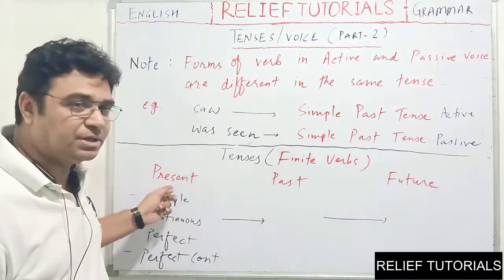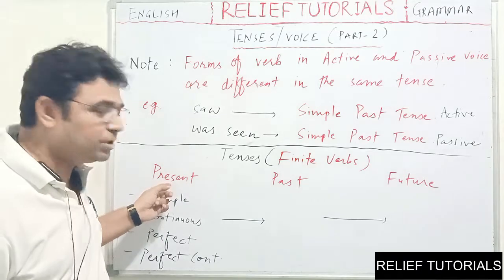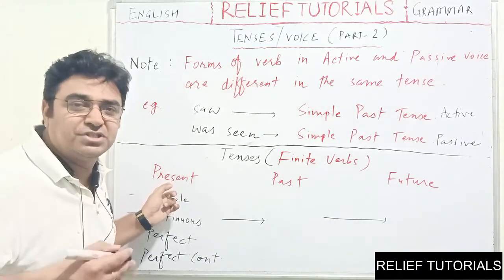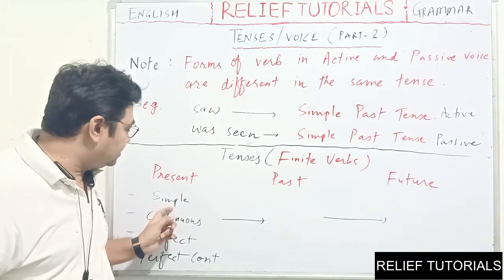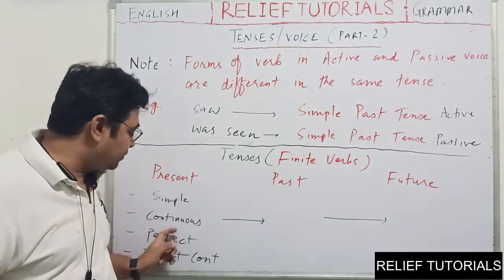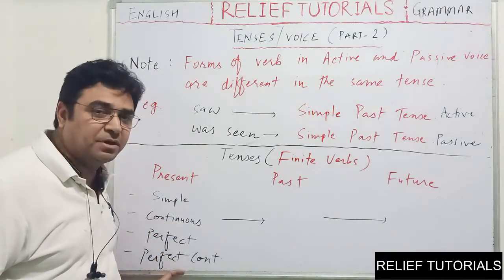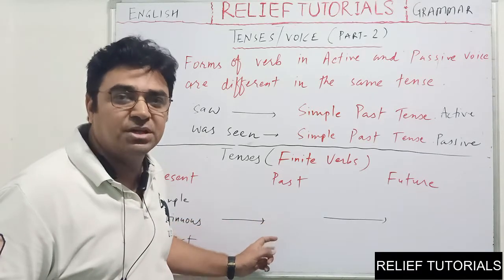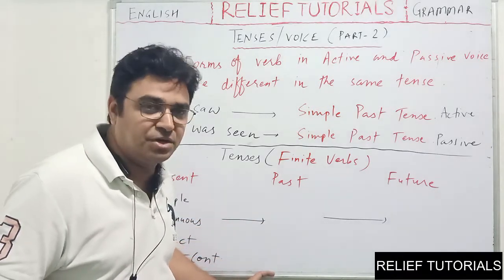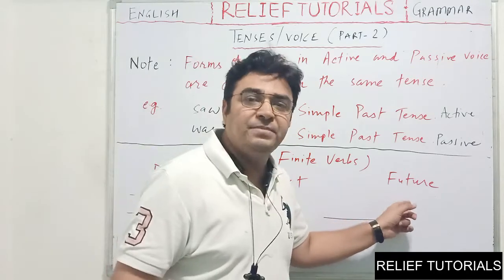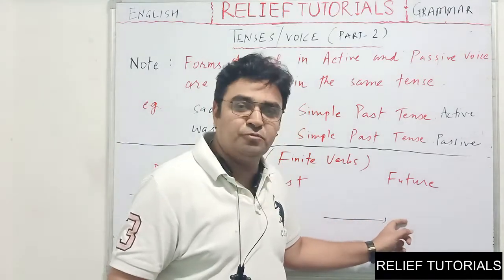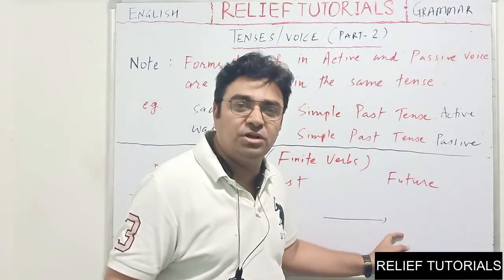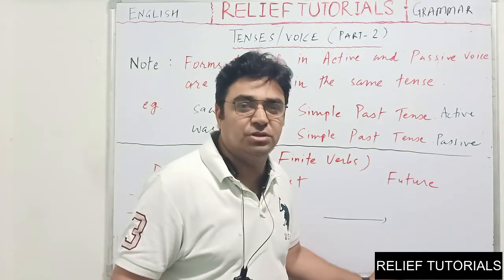Suppose simple present tense. So present tense has got four different subtypes: simple present, present continuous, perfect present and perfect continuous. In the same way, simple past, continuous past, perfect past and perfect continuous past, and simple future, continuous future, perfect future and perfect continuous future.